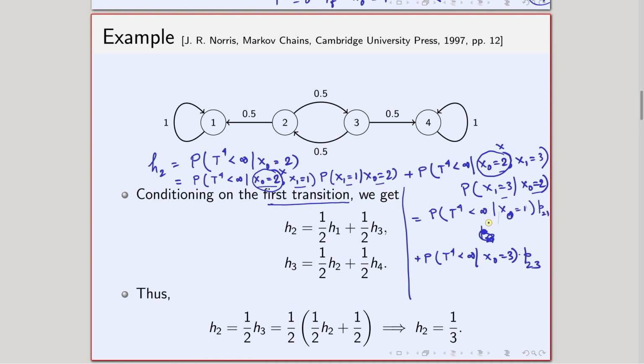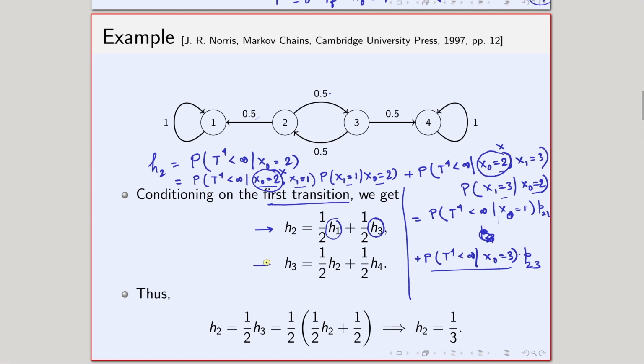And now the first quantity is H1, because starting from 1 I am visiting the state 4 in finite time, and the second probability is basically H3. P21 is half, so half comes here. P23 is also half, so half comes here. Okay, so conditioning on the first transition, I can write H2 is the same as half H1 plus half H3 in this particular case.